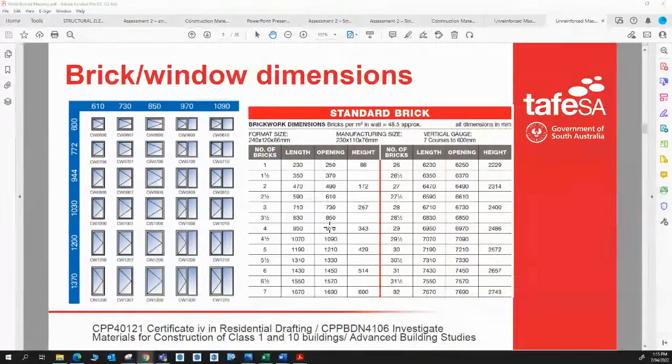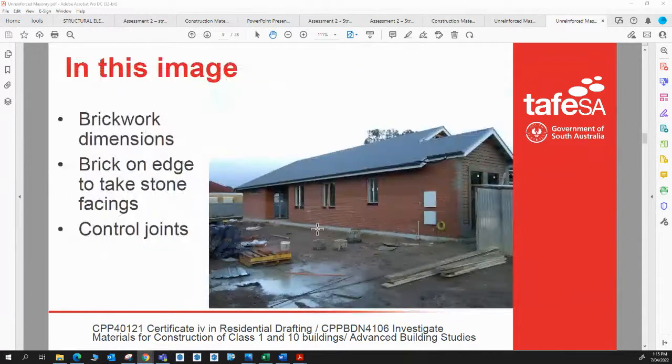Sometimes you will find charts for certain products, but when you're stepping outside of your standard size brickwork dimensioning, it may mean that you have to do some of that calculation work yourself. That is an excellent question, and we'll cover some of the other sizes of brick and block work and how that works a little bit later on as well.